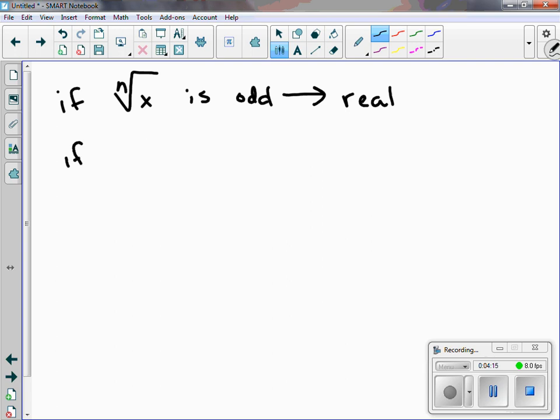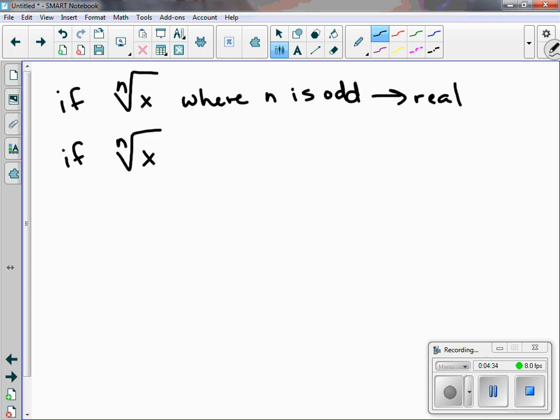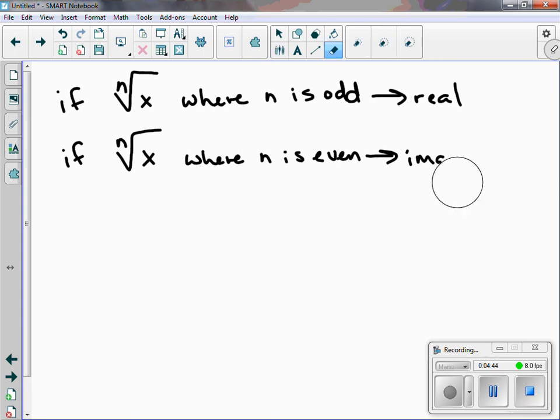If n is odd, then it's real. If n radical sign x has n even, this is imaginary. If I can spell imaginary, holy cow.